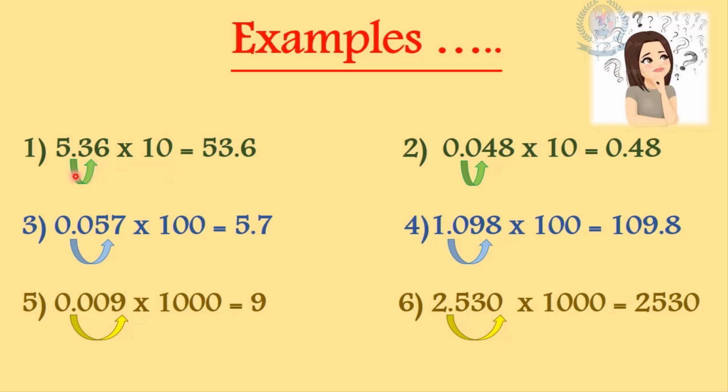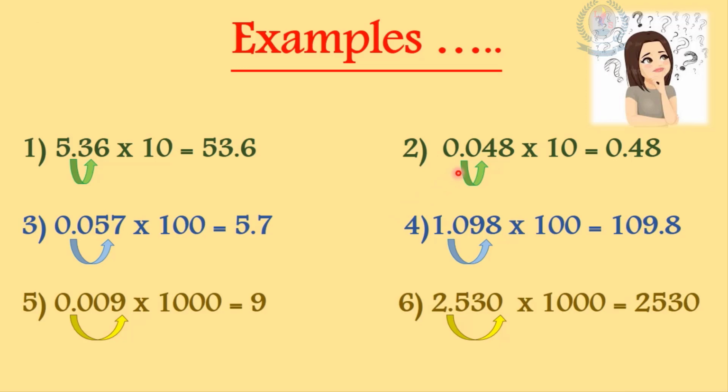So now the decimal place is in between 5 and 3. So we have to move this decimal place to right hand side by one digit. Then it comes in between 3 and 6. That means the value is 53.6.